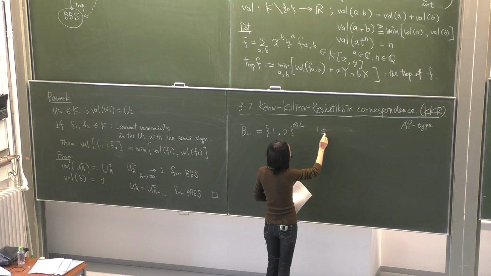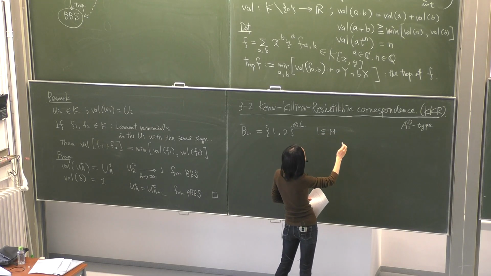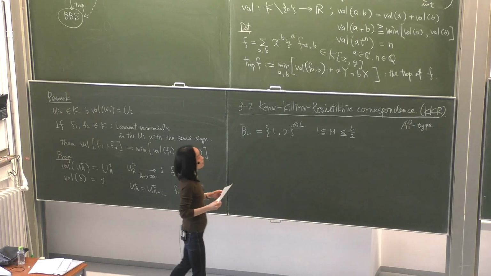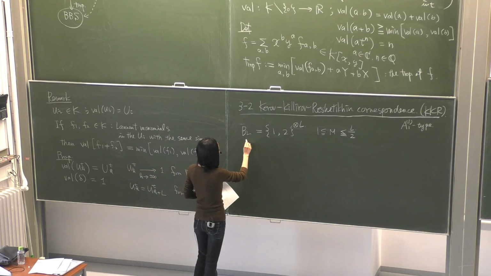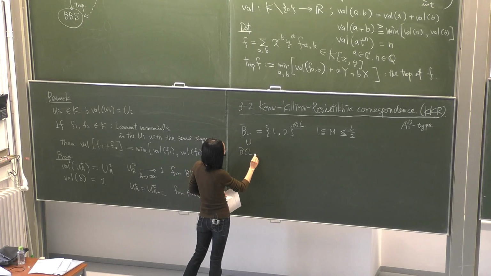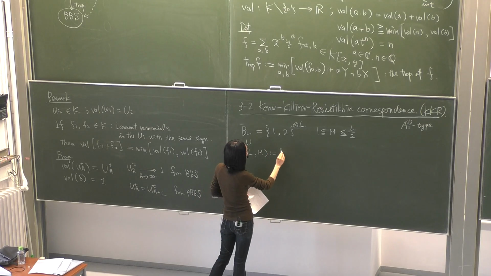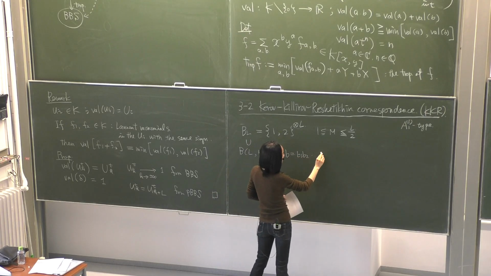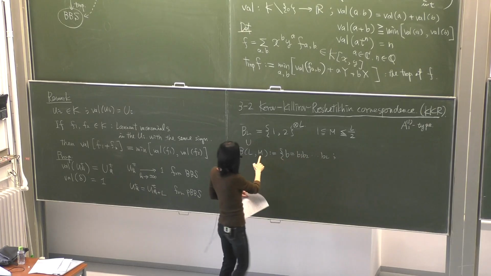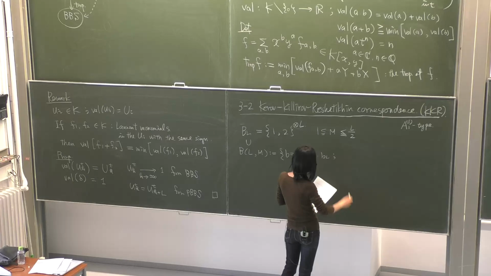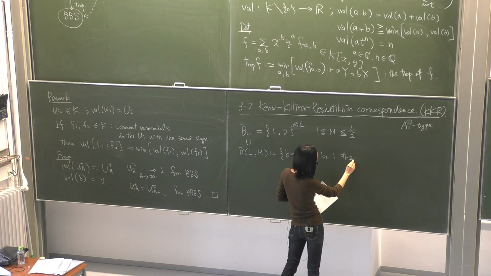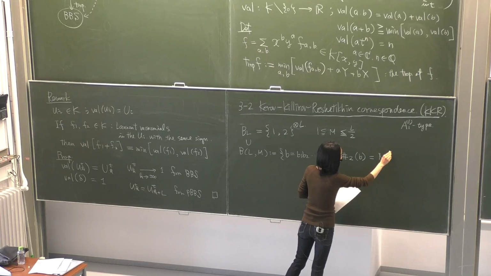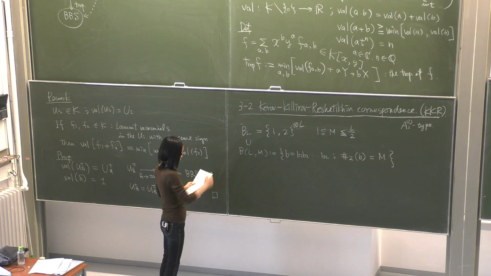And we assume that we fix some M from 1 to half of L. Then we define a subset B_{L,M}, which is the sequences of 1 and 2 whose length is L. This M gives the following condition: the number of 2 in this B is exactly M. This is such a subset.